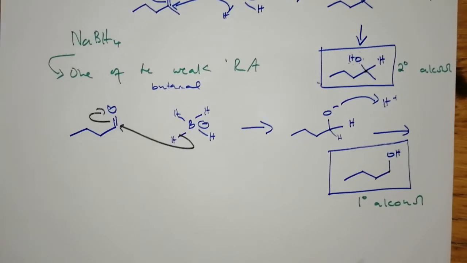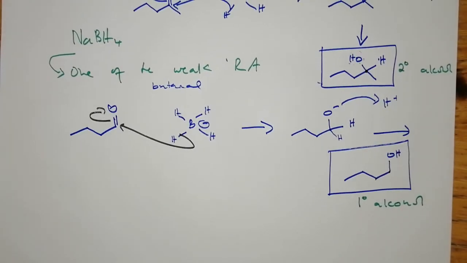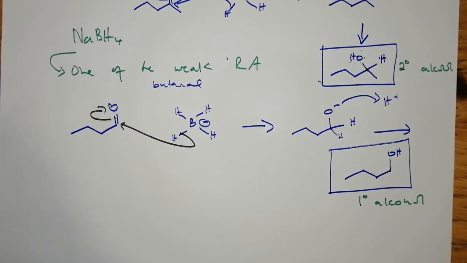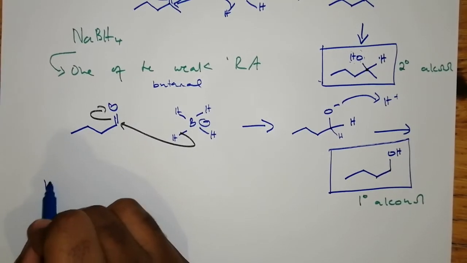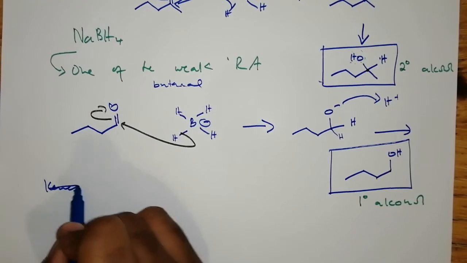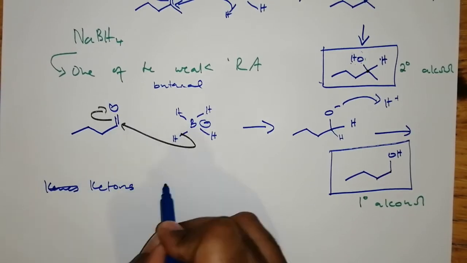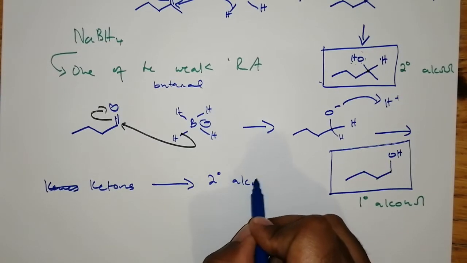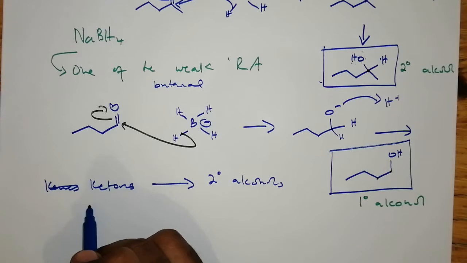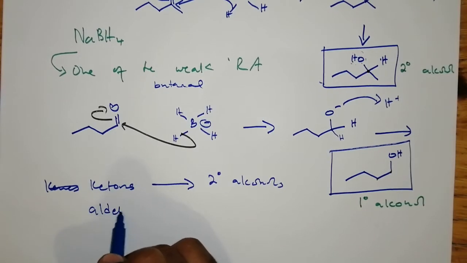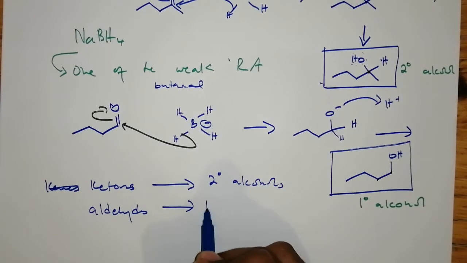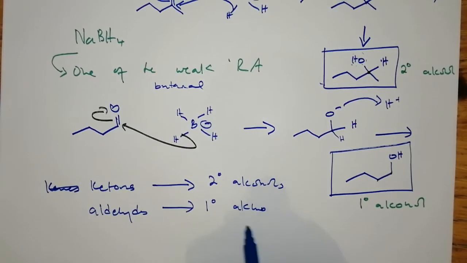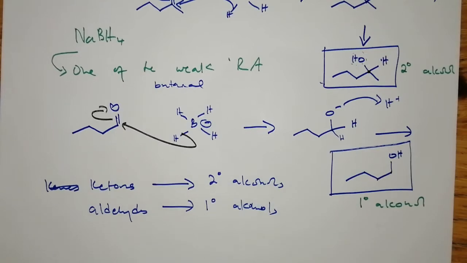And now, is it safe for me to say that in reduction reactions, ketones are reduced to form secondary alcohols, and then aldehydes form primary alcohols, right?